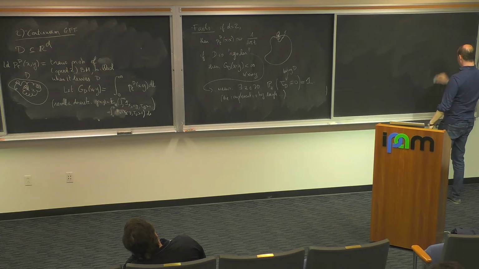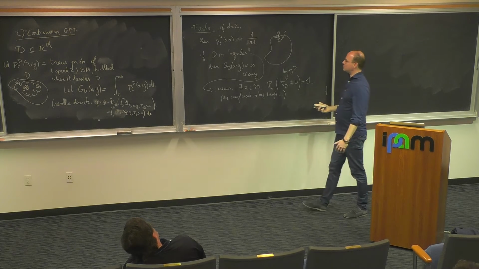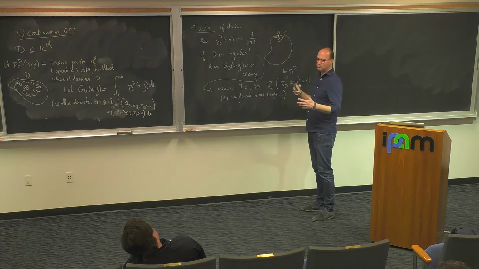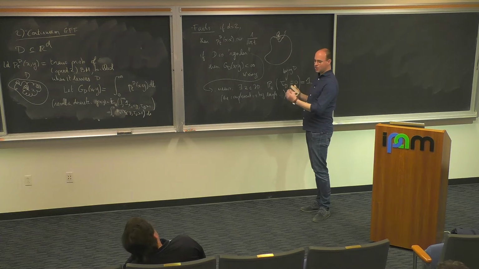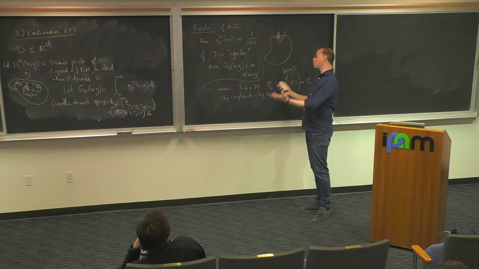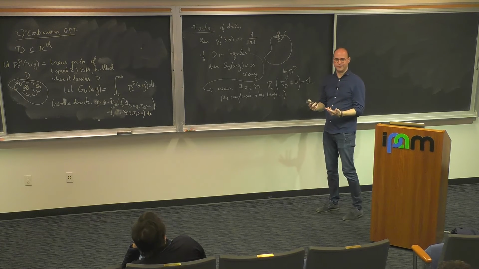If you want an example of something that is not regular, you can imagine taking the whole plane, for instance, and removing a finite number of points. That will not be regular, because if you start from these points that you've removed, they're on the boundary, but you don't leave the domain immediately because these points are polar in 2 dimensions.